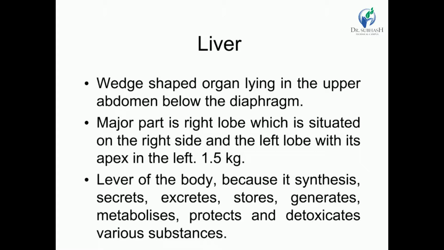The liver is divided into two lobes, connected with the help of a ligamentous band called the falciform ligament.